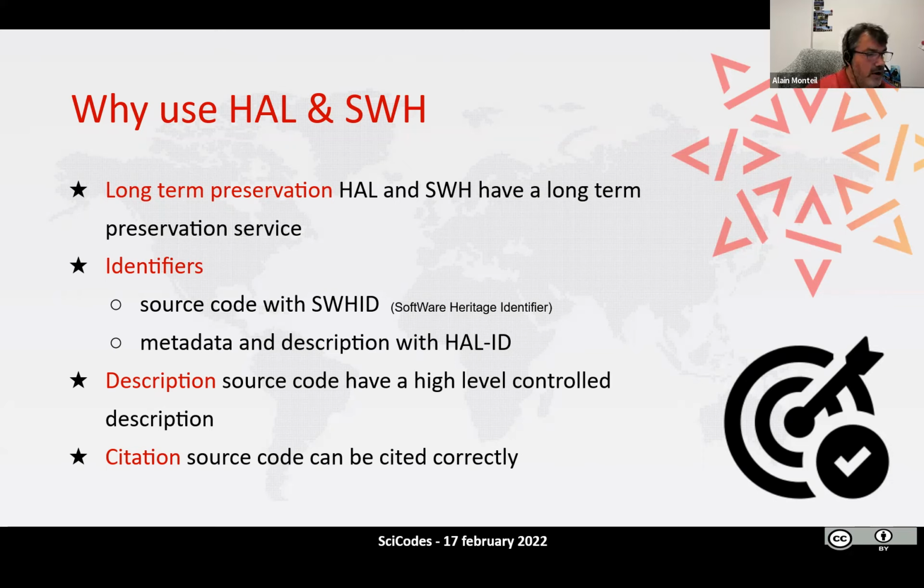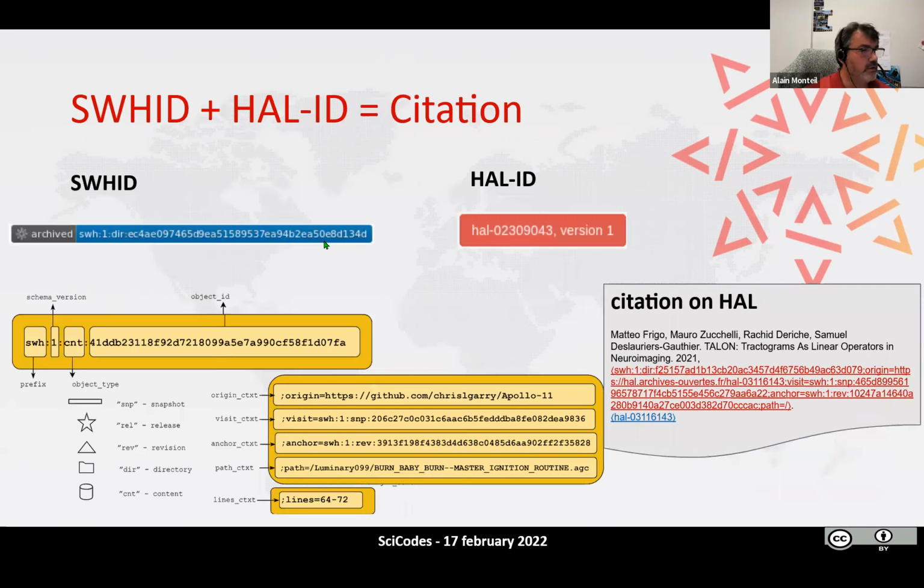You have a very high-level description of your software, and you can make citations with your resources in many environments. So the couple SWHID and HAL ID offers a very strong combination between the SWHID, which links to exactly where you want to go for the source code, and the metadata coming from HAL.